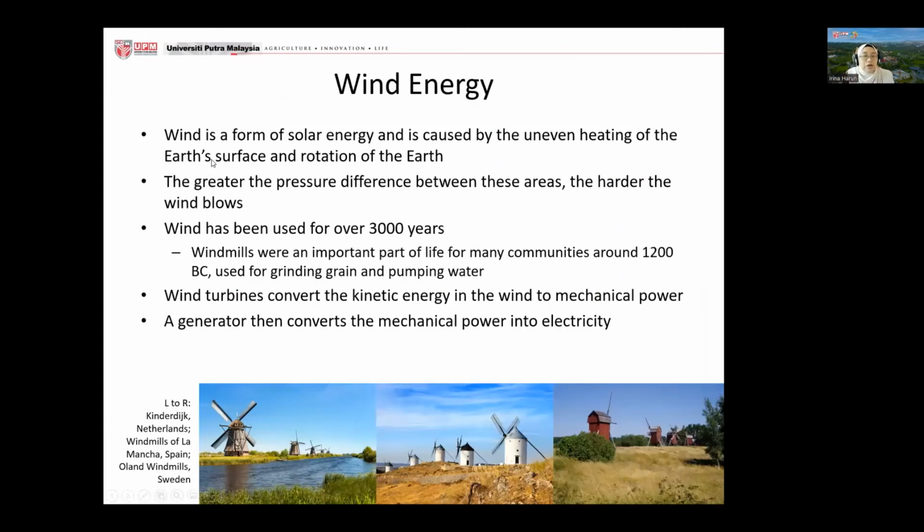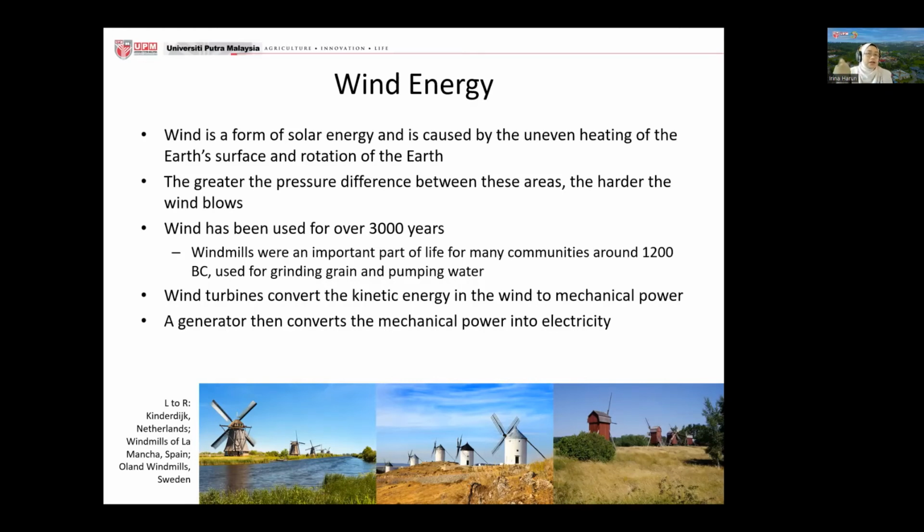Okay, we are moving now into wind energy. Wind energy is also another form of renewable energy, and it is actually caused by the uneven heating of the Earth's surface and rotation of the Earth. So as it heats up, you guys still remember when I talk about the movement of winds from the sea to the land, and from the land to the sea, the difference between night and day.